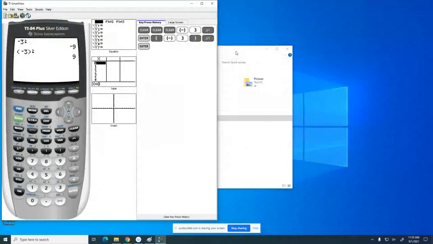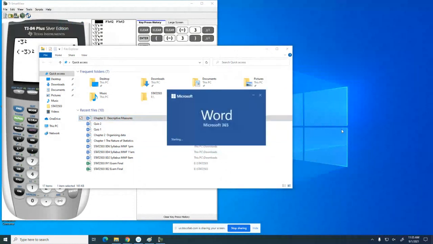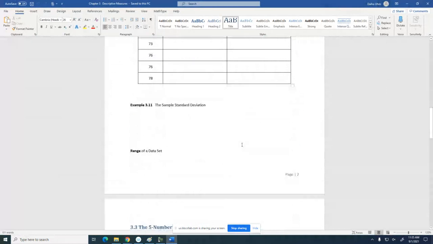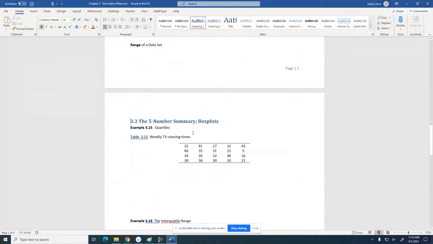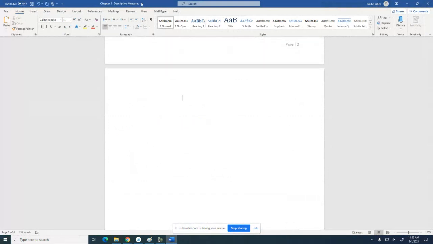I want to explain to you the standard deviation in another way. We are going to discuss the 5-number summary and the box plot on Friday.